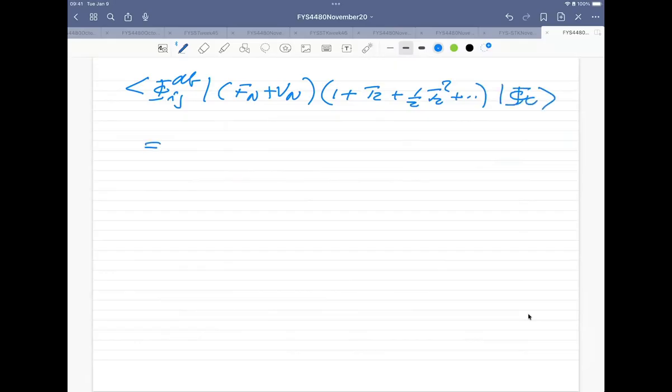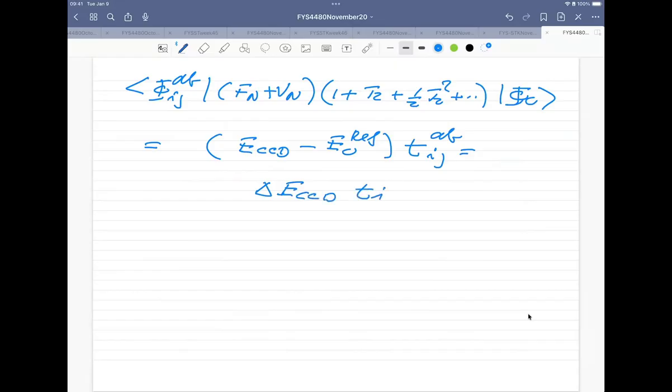And that is going to be equal to ECCD minus E0 ref multiplied with Tij AB. And that is the same as delta E CCD. It's an approximation to the true correlation energy multiplied with the amplitudes.